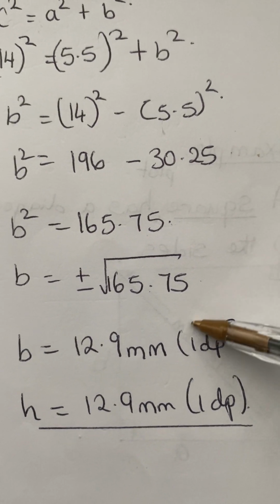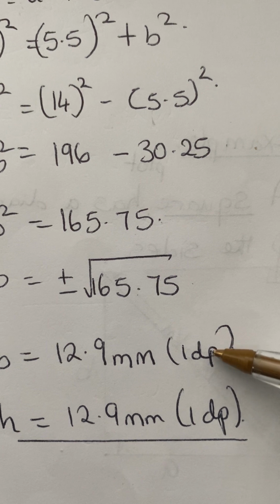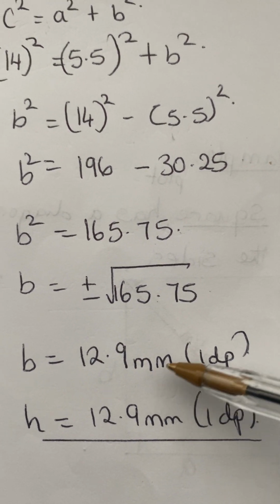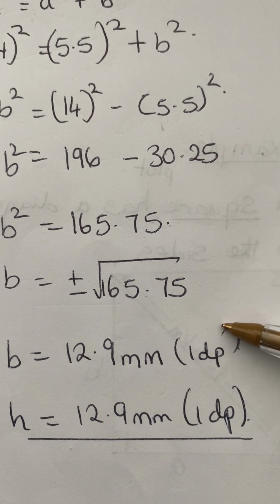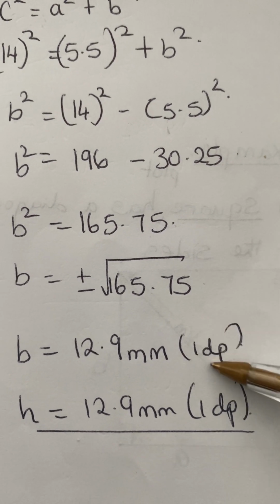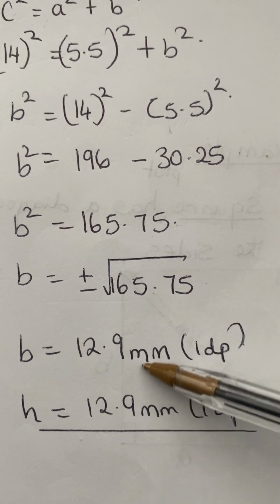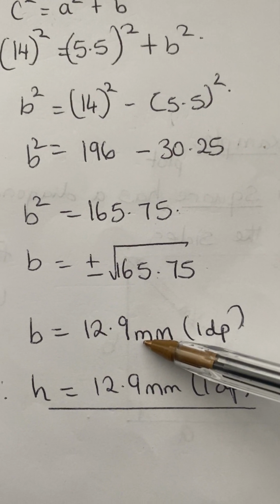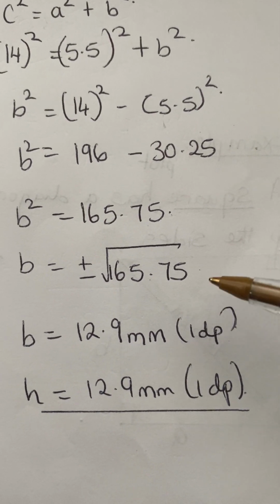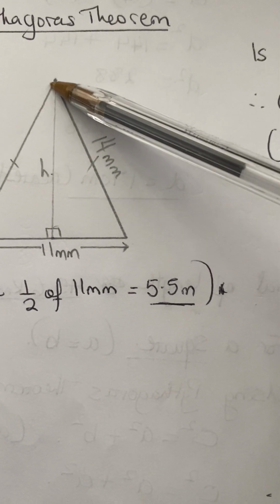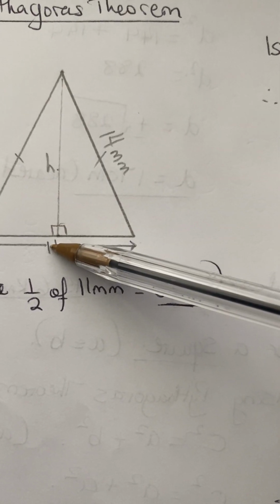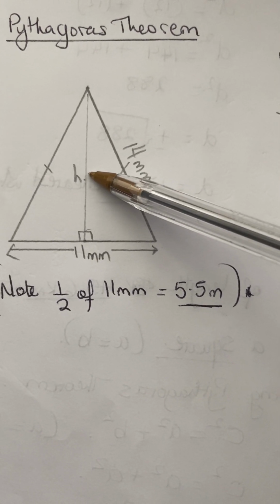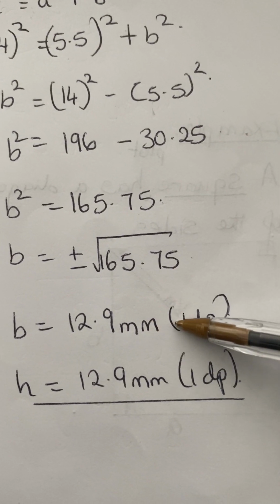You don't need to write 1 decimal place, but I'm just trying to show you, because we've done videos on this, that if they ask you to leave it in 1 decimal place, this is how your answer will look. It will be 13 if it is to the nearest whole number. So b, from there to there, which is represented by h in this diagram, is 12.9 millimeters.